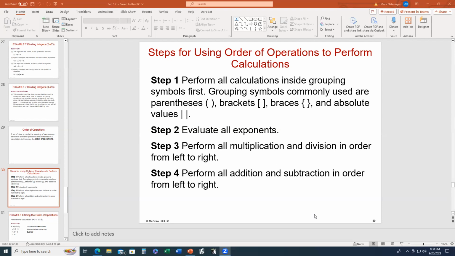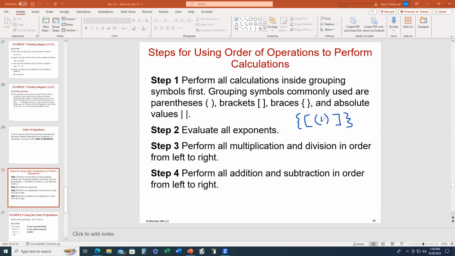I'm going to add something to this. Suppose, ladies and gentlemen, we have something even more involved. Suppose that we have a set of braces, but embedded in my set of braces is a set of brackets, and embedded deeper inside the set of brackets is a set of parentheses. What would we do first, second, and third? The order of operations says when you have nested grouping symbols such as this, you would go into the innermost nested grouping symbols first.